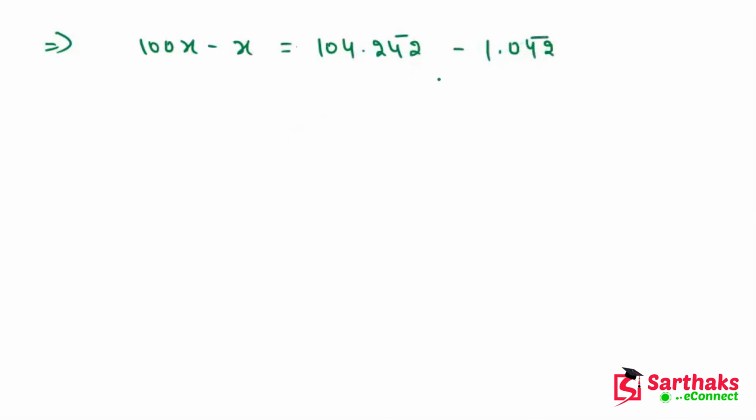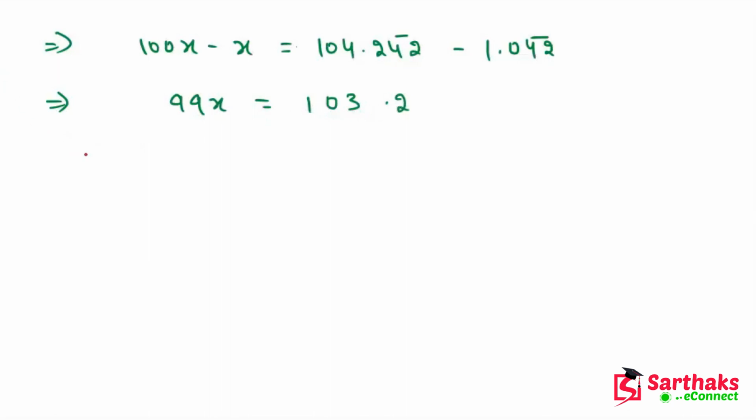After subtracting, we get 99x equals, and 104 minus 1 gives 103, point, this 2 is as it is, and the rest of the numbers cancel and become 0. So this will become 103.2.